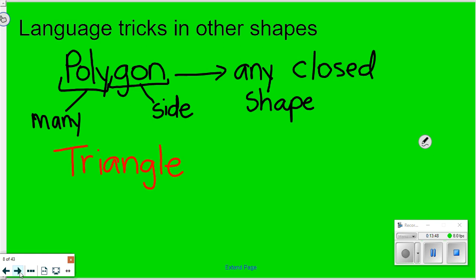There is a common prefix in triangle that we see in other words. The prefix is tri. Tri means 3. Can you think of any other words that also have the prefix tri? David? Tricycle. How many wheels are on a tricycle?